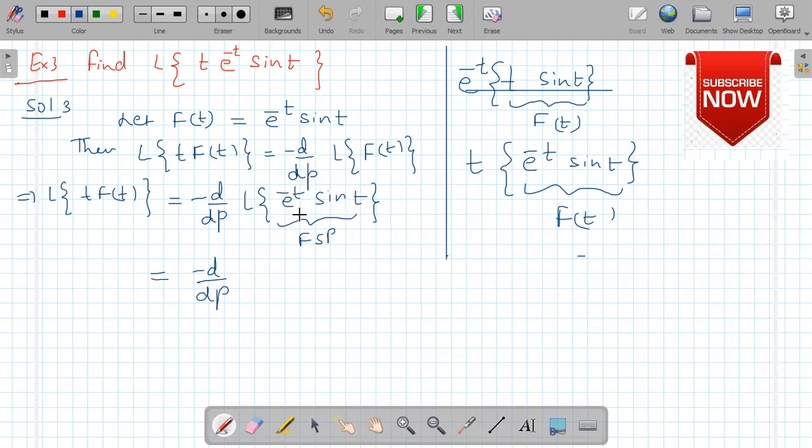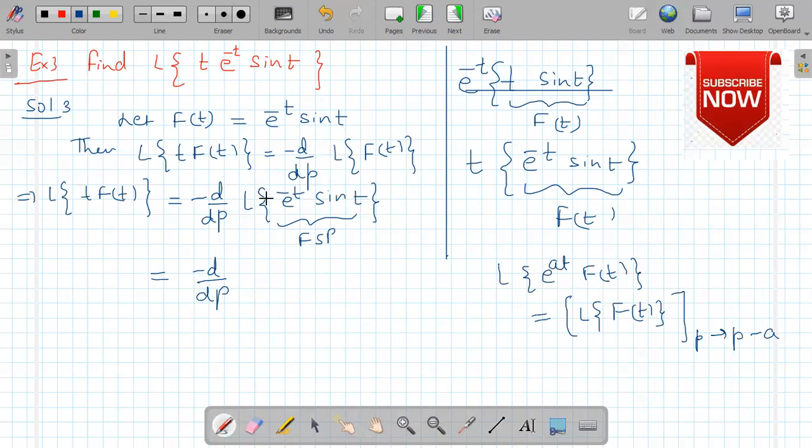Whenever a function is multiplied by e to the power at, then the Laplace transform of such a function is, let me revise you, Laplace transform of e to the power at f(t) is equal to Laplace transform of f(t), and p is replaced by p minus a.